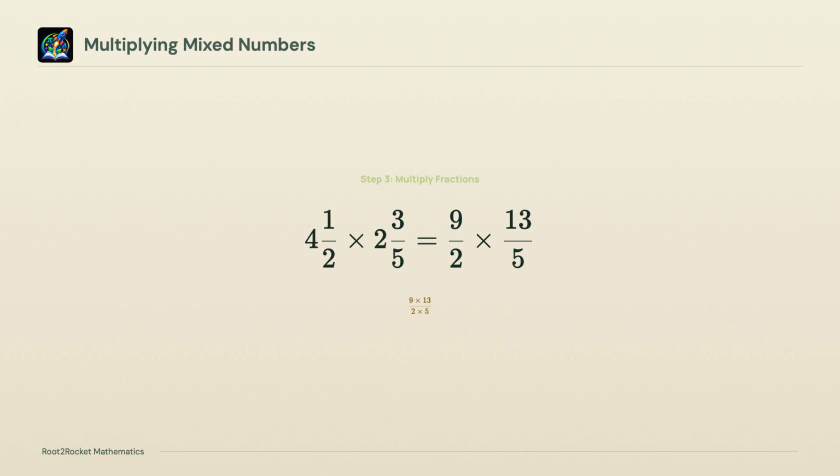If you want to multiply, you multiply numerator by numerator and denominator by denominator. Then the numerator is 9 times 13, which is going to give us 117, and the denominator is 2 times 5, which is going to give us 10. Then the result is going to be 117 divided by 10.